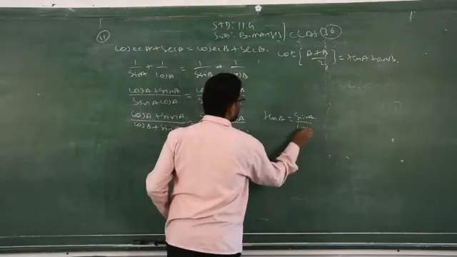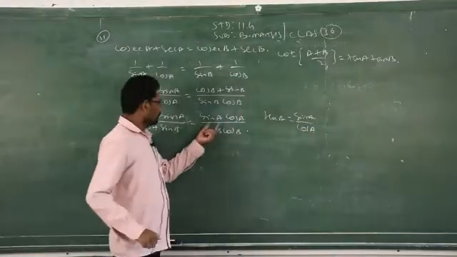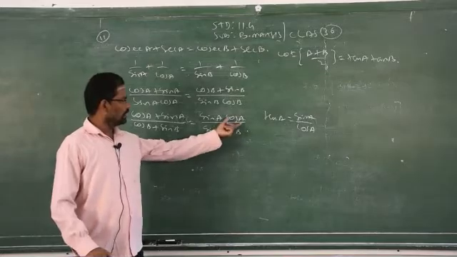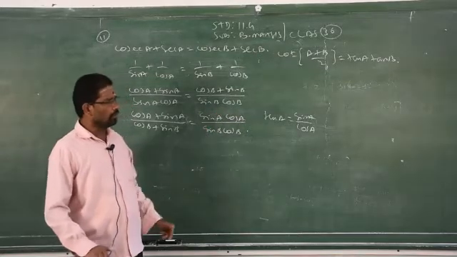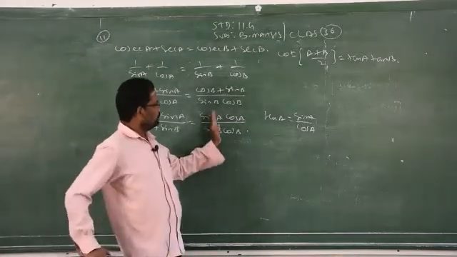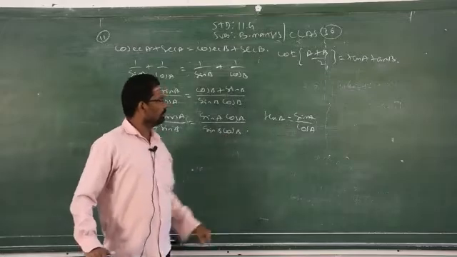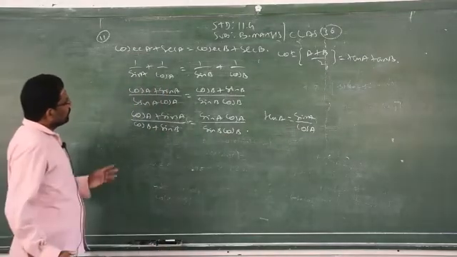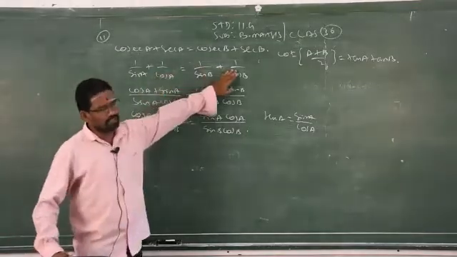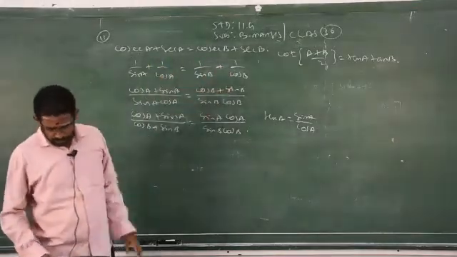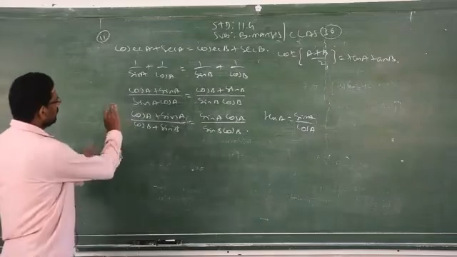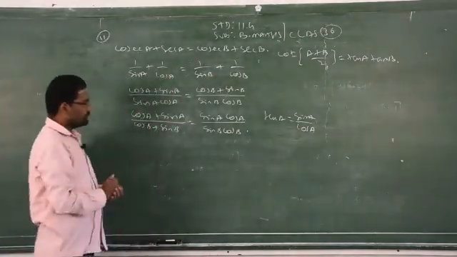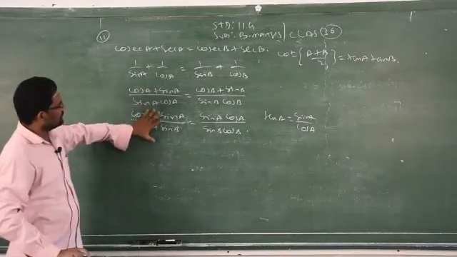Sin A by cos A. Do you have sin A by cos A? You will get sin A by cos B, cos A by sin B. So you cannot bring this format into sin by cos directly. Clear? So what you have to do now is interchange these two. Interchange so that sin terms are on one side and cos terms on the other side. If you proceed, you will get the answer. This is for example.